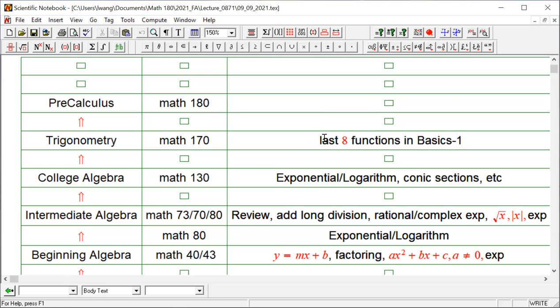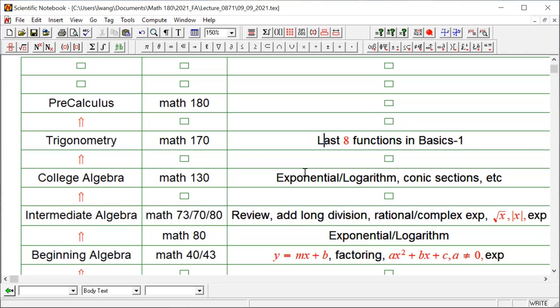If you have not taken trigonometry, you can totally register for my class. Nobody can tell you no. But you may not have seen sine, cosine, tangent, cotangent, arcsine, arccosine, arctangent, arccotangent. So you will find the last table, the table basic 1, looks very strange to you, the last 8 functions. That's very heavy-duty course material that you have skipped.